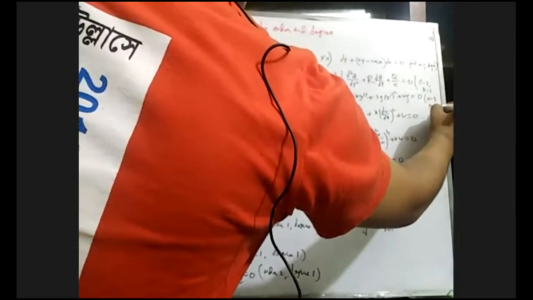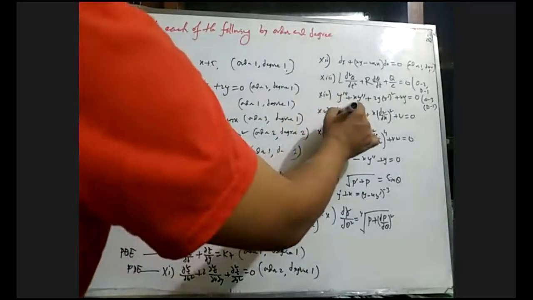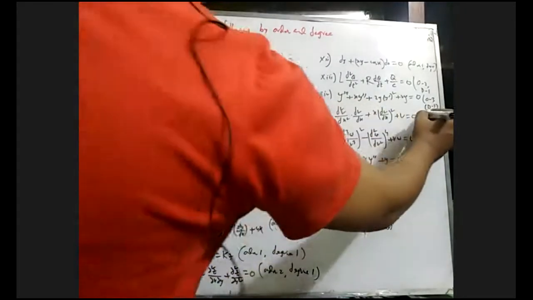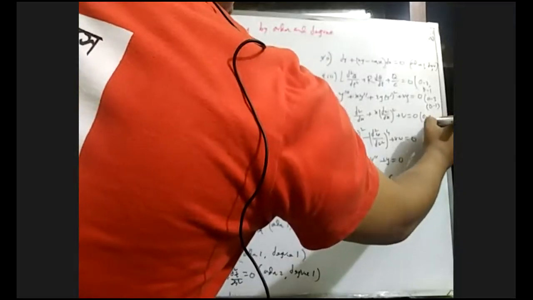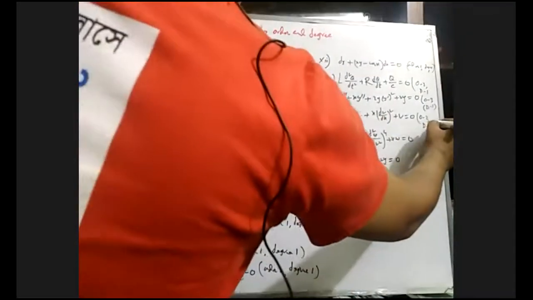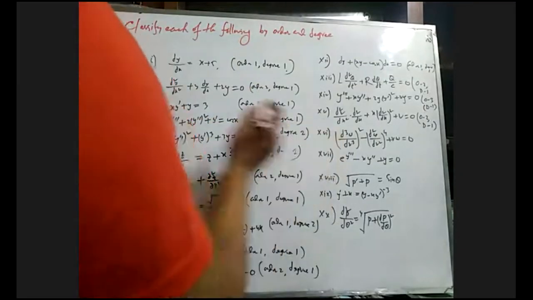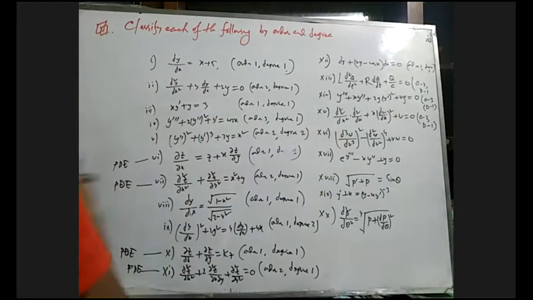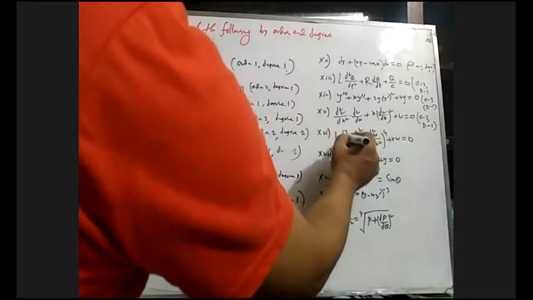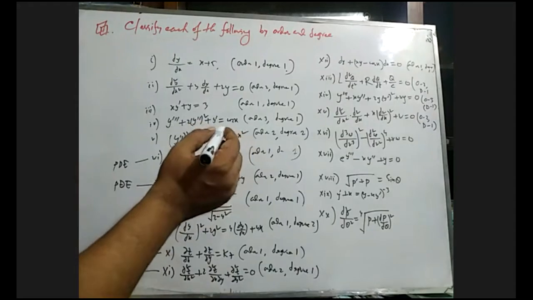Now from this one, second derivative, so order will be 2. Degree, highest power 1. Now differential equation number 16, the highest derivative is 3.